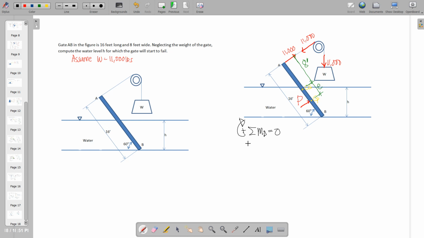We have 11,000 with a clockwise rotation times the moment arm of 16 minus the counterclockwise force due to P times the moment arm 8 plus E.